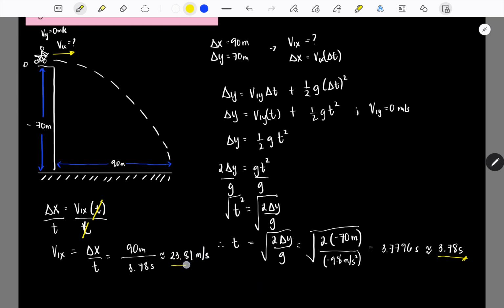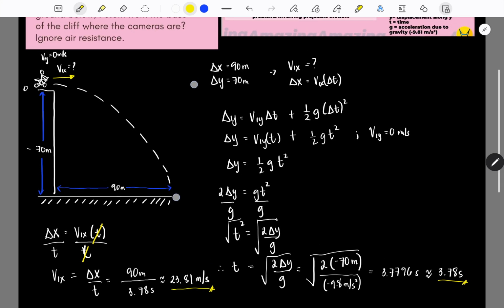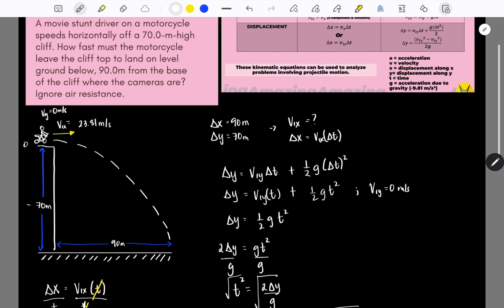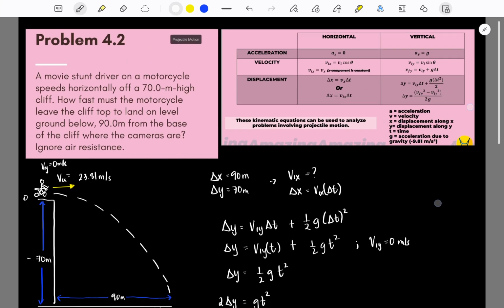So this is the horizontal velocity of the driver upon leaving the cliff. And that's it for this problem. Thank you for listening.